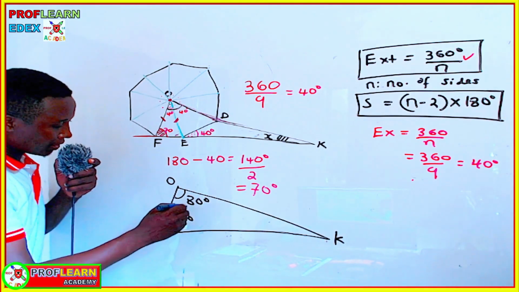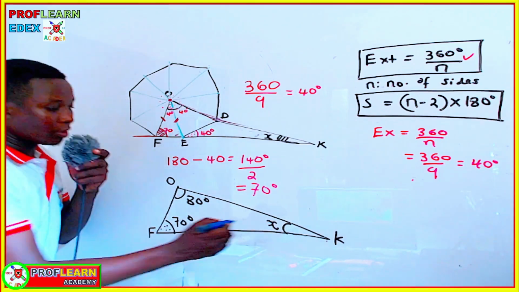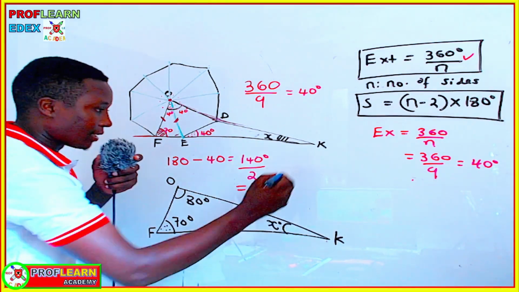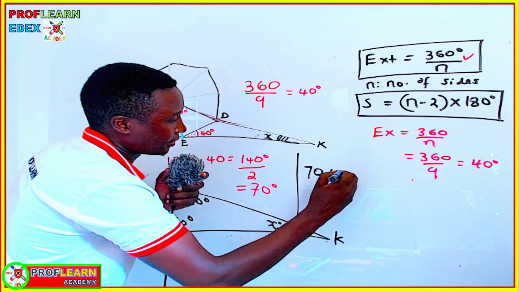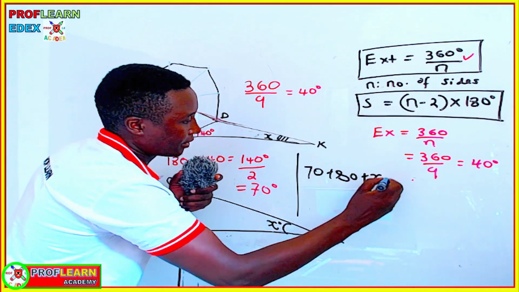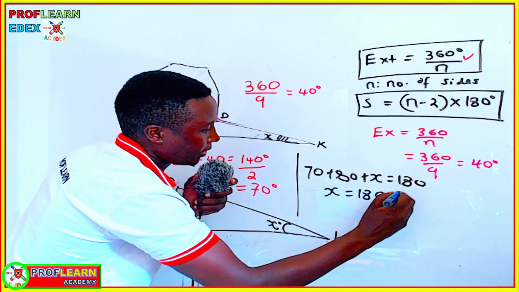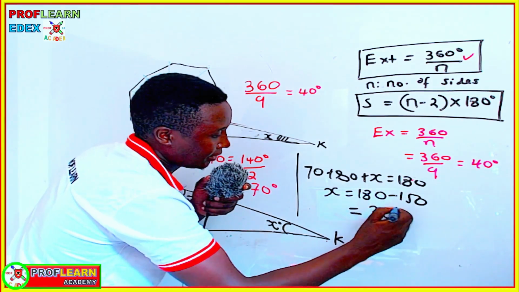So if we add 70 plus 80 plus x, we are going to get 180. So 70 plus 80 plus x equals 180. So x equals 180 minus 150, which is going to translate to 30 degrees.